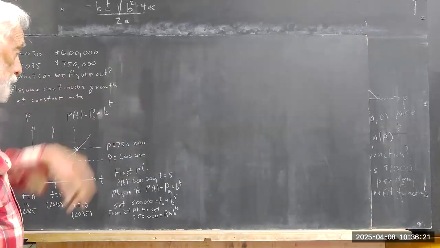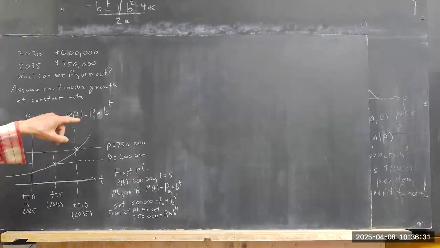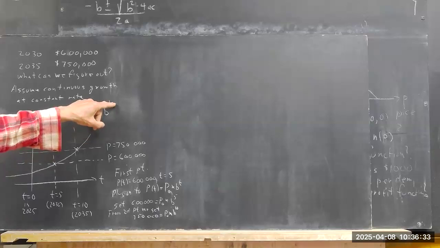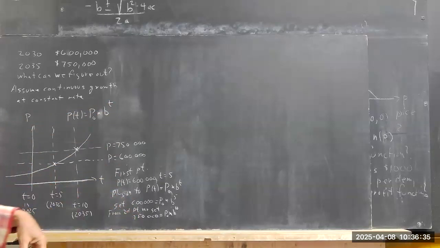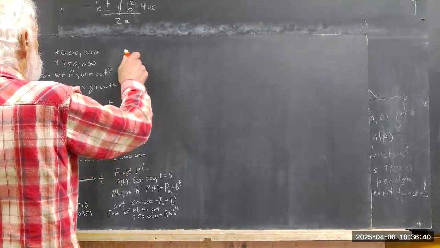Not written very well, but I'm going to rewrite it up here. Here's our model. We take the P of T for T equals 5 and plug it in here, and let T equal 5. We get this equation, and similarly the second equation. So our equations.